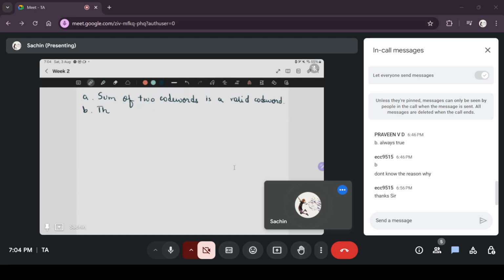Next option is the random error correcting capability of a code is lower than the random error detecting capability.